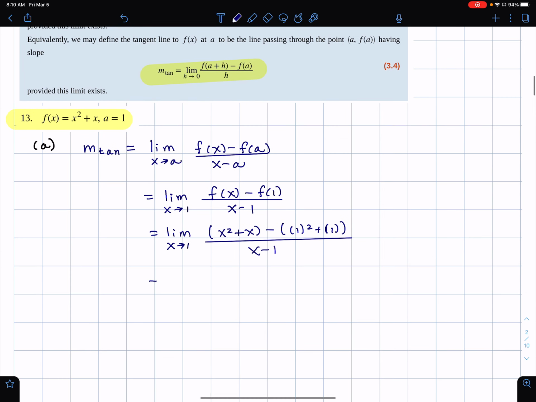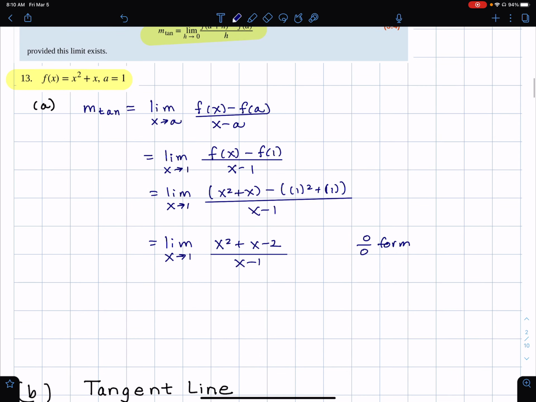And the result should be a limit that I think we can do without that much trouble. What happens here is that if you put in x equals 1 in the denominator, we certainly get 0. 1 minus 1 is 0. But putting x equals 1 in the numerator also gives 0. Now, because x equals 1 gives 0 in the numerator, that means x minus 1 is a factor of the numerator. And the other factor will be x plus 2, we can see.